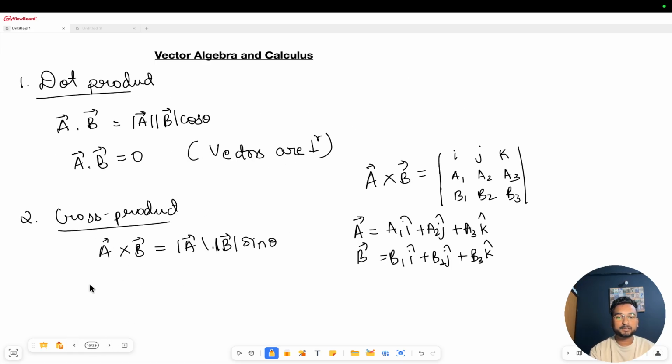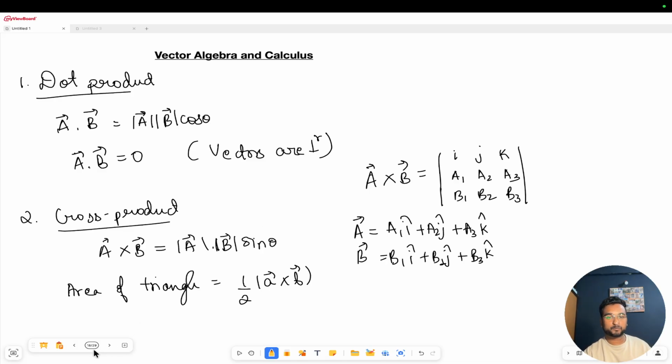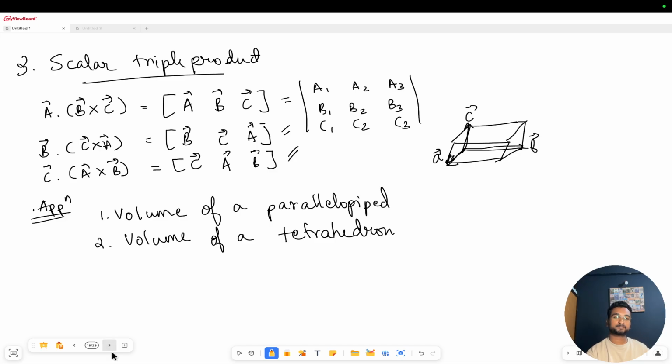Here you can see the usage of cross product: the area of a triangle, you can calculate as half into A cross B. So this is the formula for the area of a triangle. From cross product you can calculate this also.